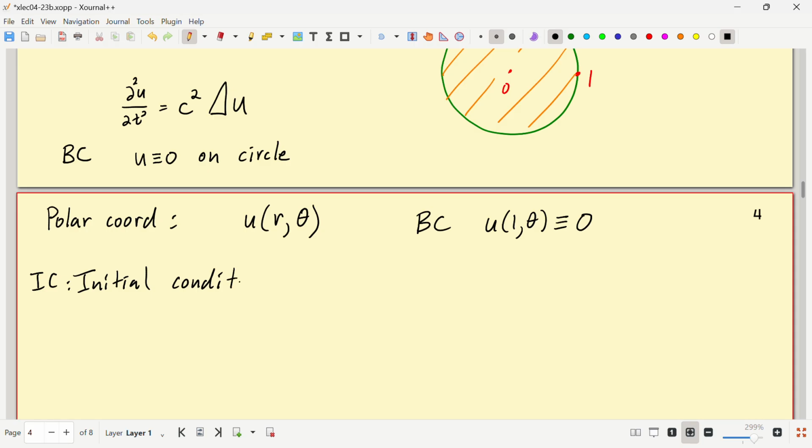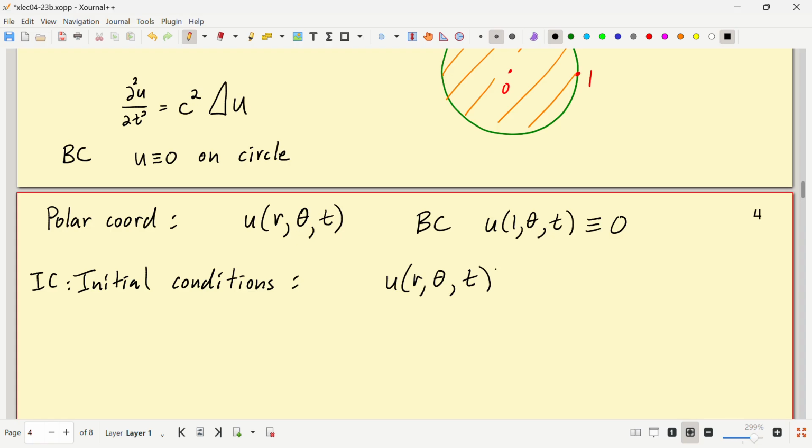The initial conditions are u of r, theta, at time 0. Let's see, I should have had a t here: u of r, theta, t, and this boundary condition, u of 1, theta, t, is identically equal to 0 for all theta and t.